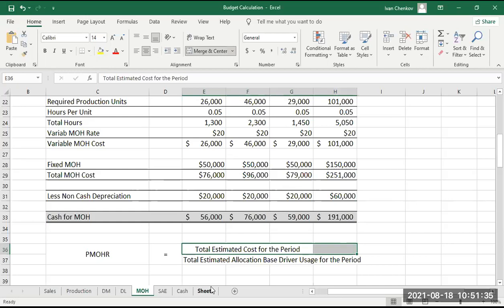When we get those two, I can calculate the predetermined manufacturing overhead.